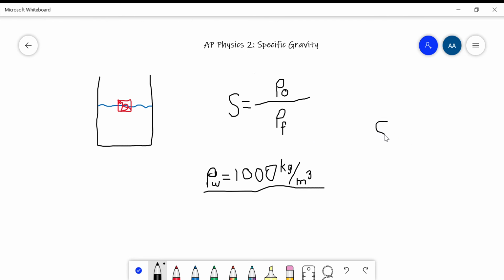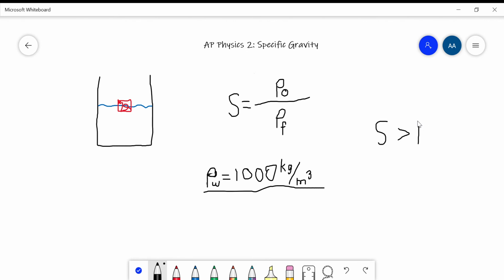So what specific gravity can tell you, I'm going to write this on the side. If S, which is specific gravity, is greater than 1, the object will sink.